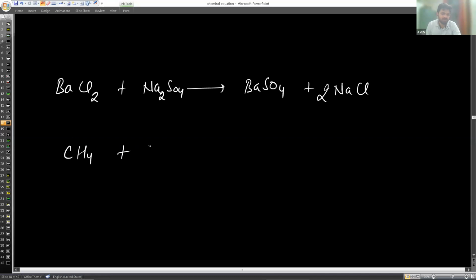Now try to balance this reaction. CH4 when it reacts with oxygen will give you CO2 plus water. Try to balance this.